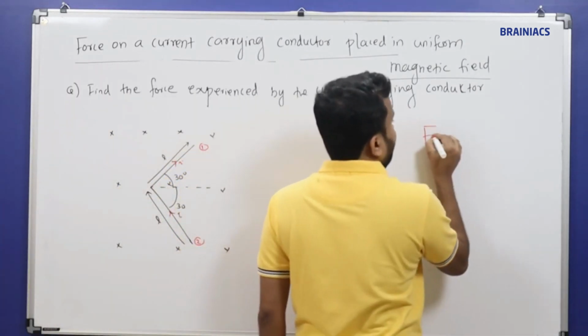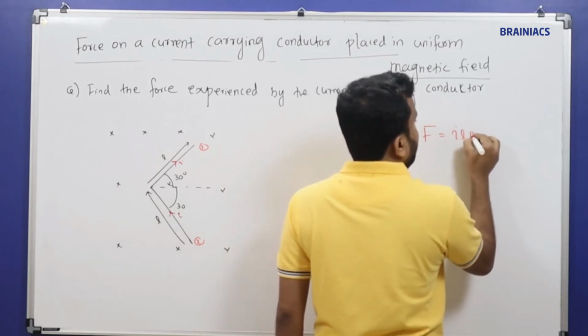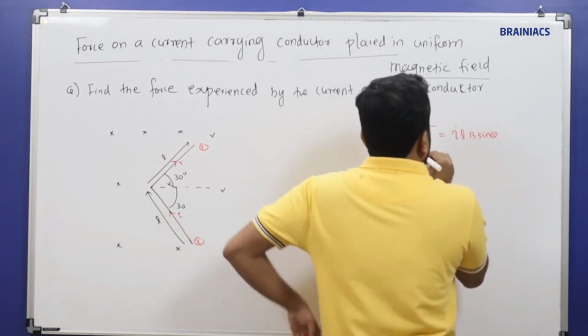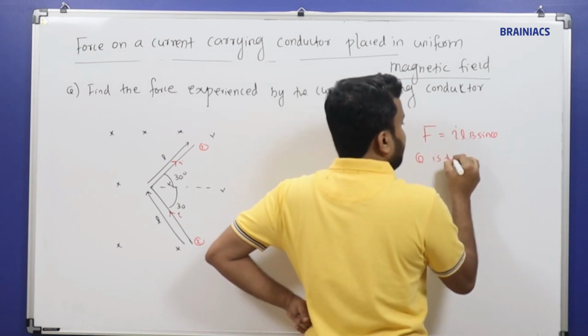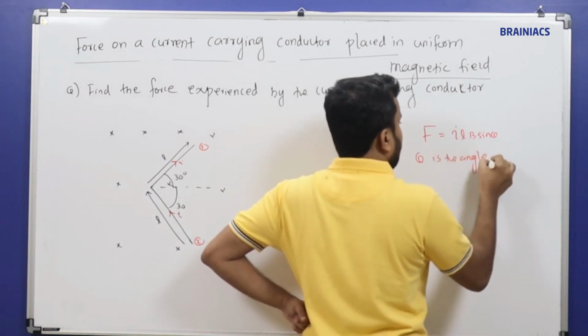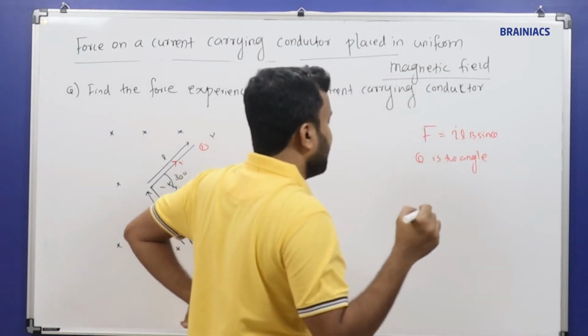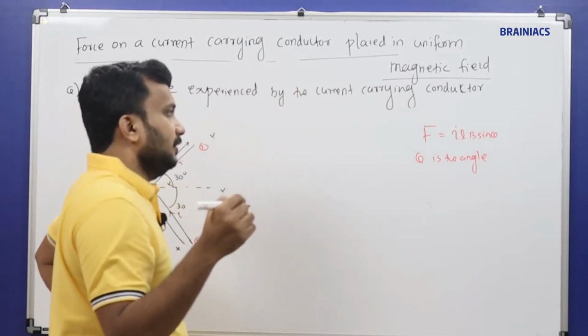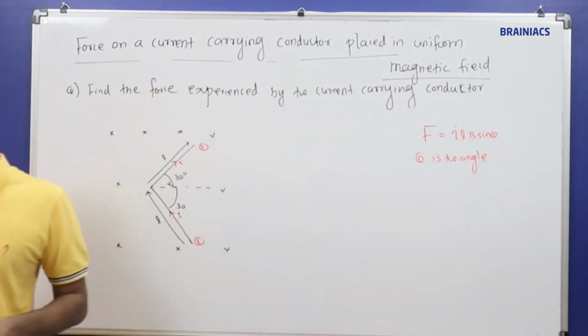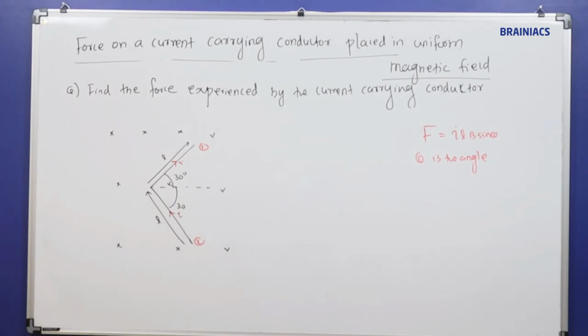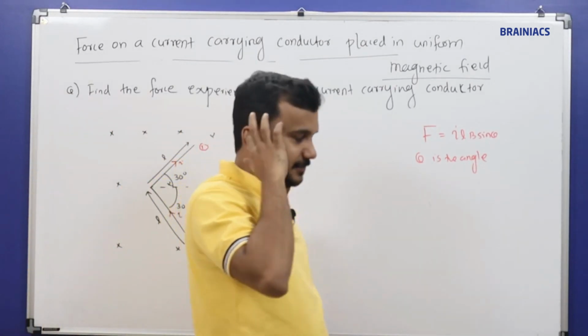Listen very carefully. F is equal to ILB sin theta, where theta is the angle between. This is how you can answer this question in 10 seconds.